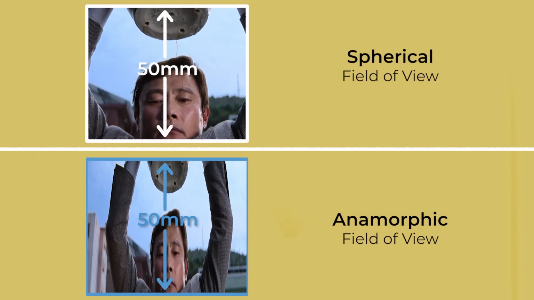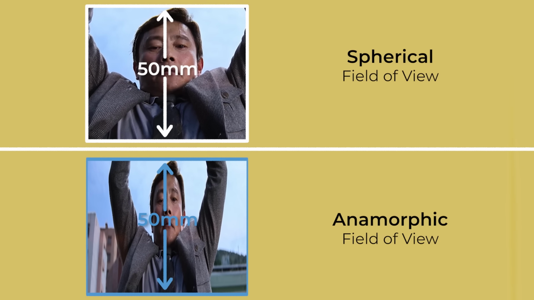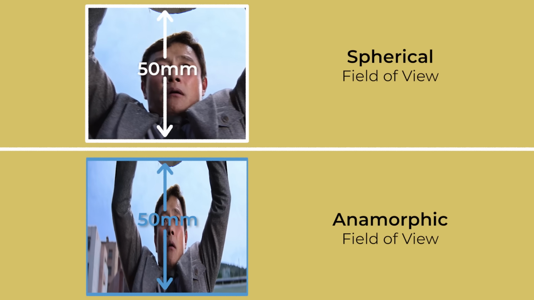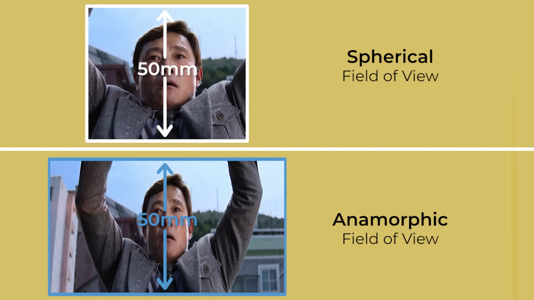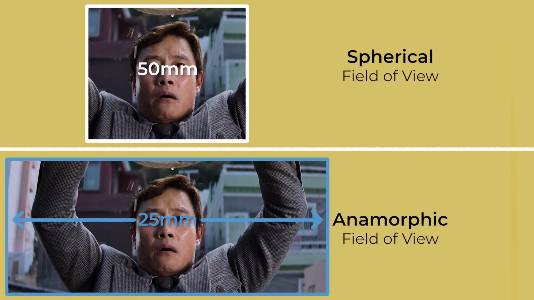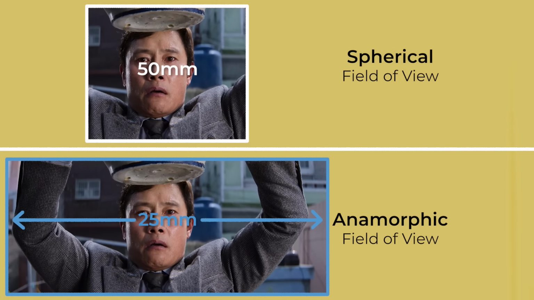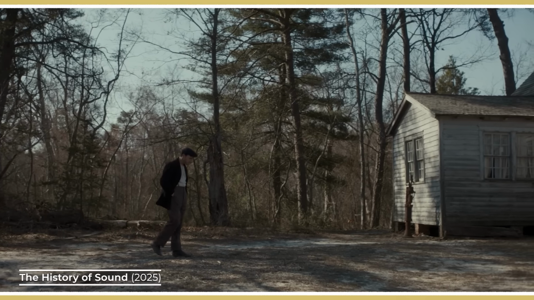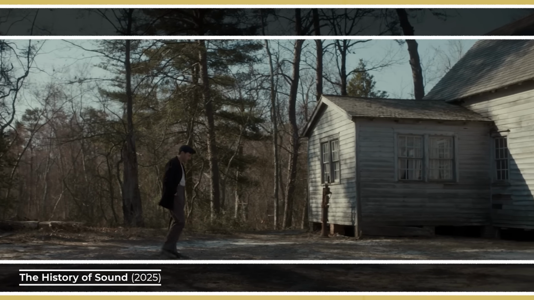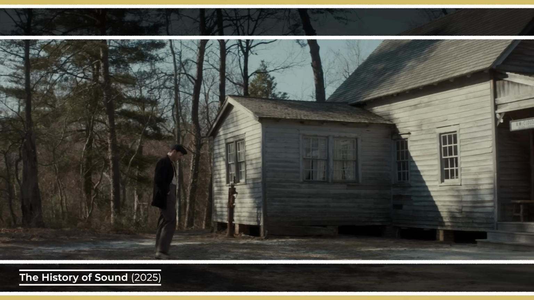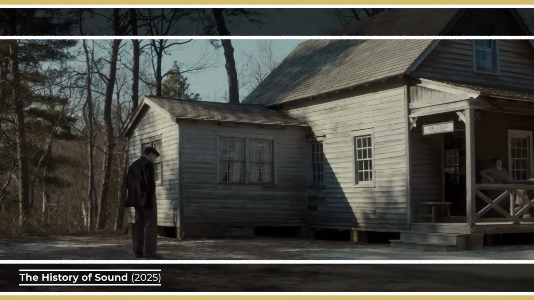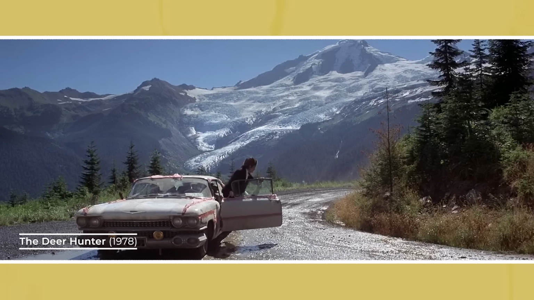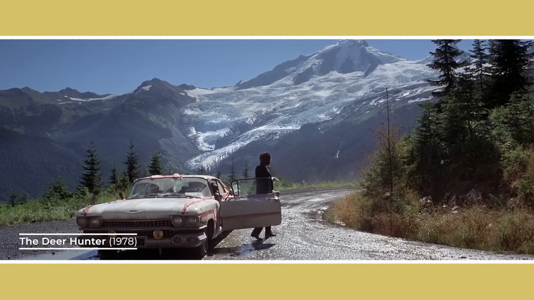For example, a 50mm 2x anamorphic lens gives you the same vertical field of view of a 50mm spherical lens, but a wider horizontal field of view, roughly equivalent to a 25mm spherical lens. So instead of using a wider lens and cropping the top and bottom to create a widescreen aspect ratio, as is done with spherical lenses, anamorphic expands the frame sideways while maintaining a longer focal length.